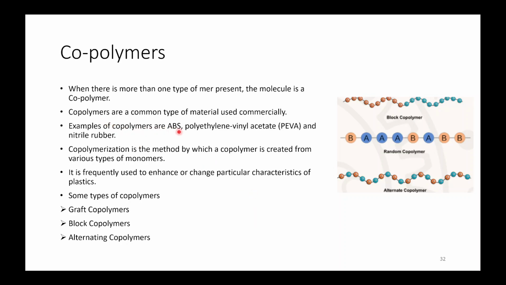Examples of copolymers are ABS, polyethylene vinyl acetate and nitrile rubber. Copolymerization is a method by which a copolymer is created from various types of monomers, and it is frequently used to enhance or change particular characteristics of plastics.